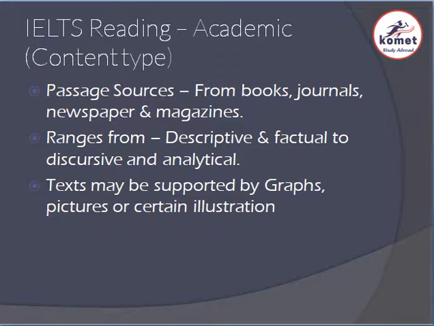In academic, it is descriptive and factual, and sometimes discursive to analytical. Descriptive is where they describe a certain situation, and factual is where the information has statistics and all such kinds of facts presented. Discursive and analytical texts will be in more detail. So this type of text actually differs from the general.